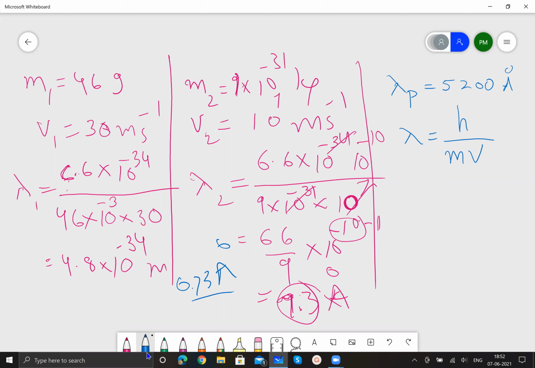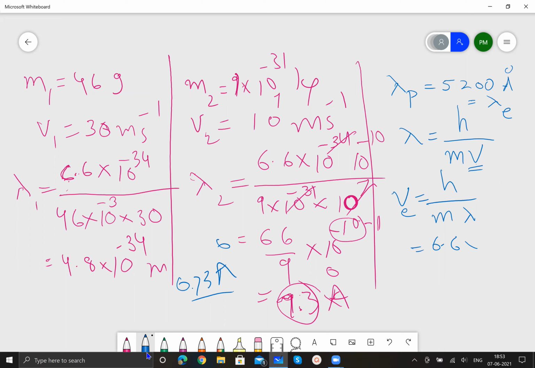You tell me, you want v, no? v is equal to h by m into lambda. Correct? You want velocity of the electron. It is given that lambda of the photon is equal to lambda of the electron. Finished, over. Problem is over.